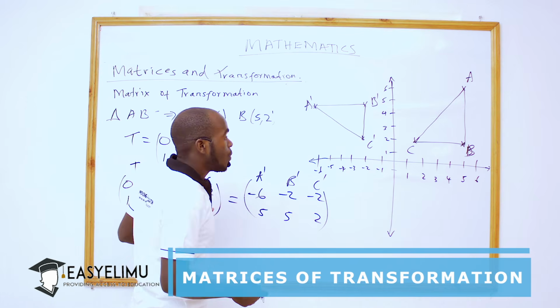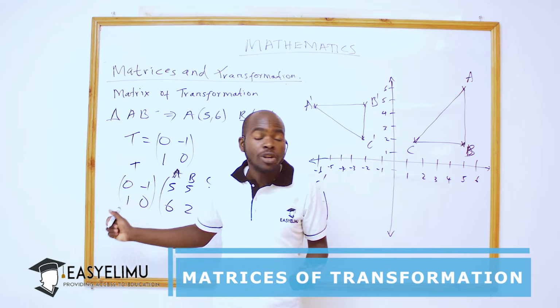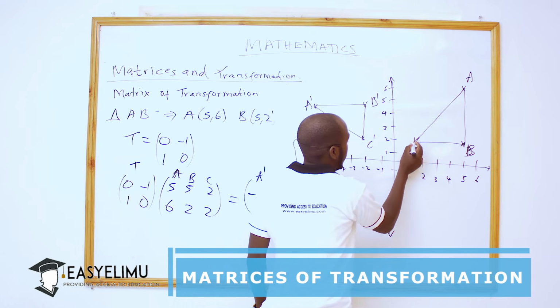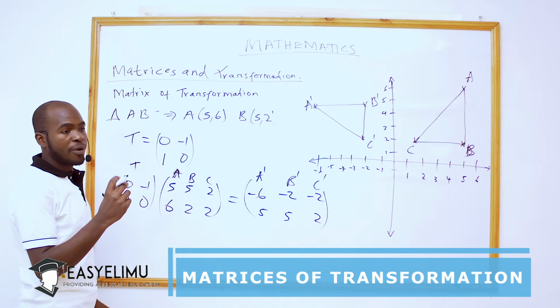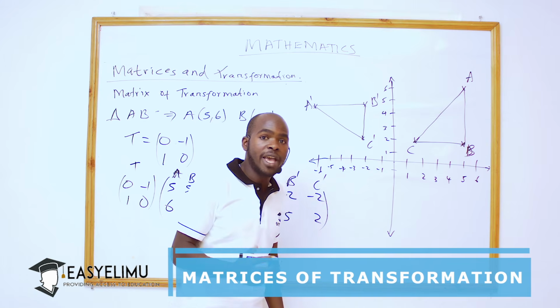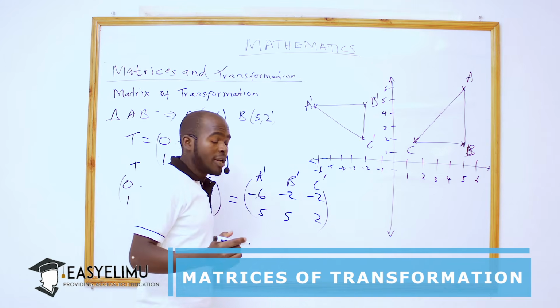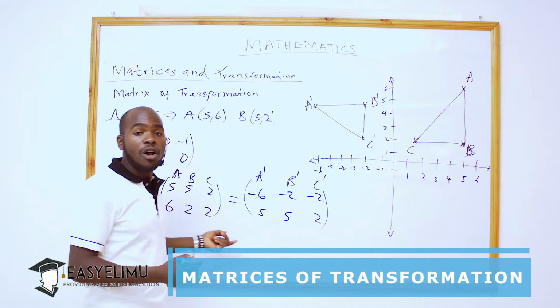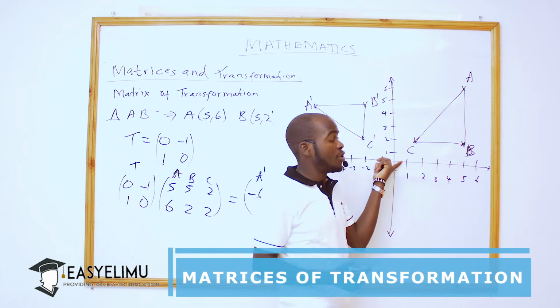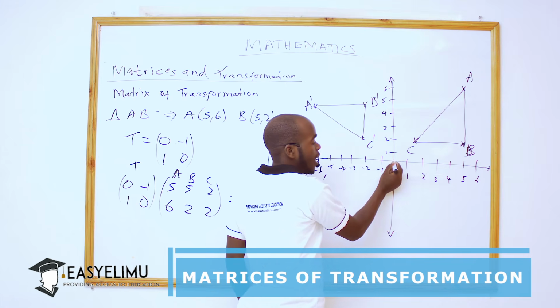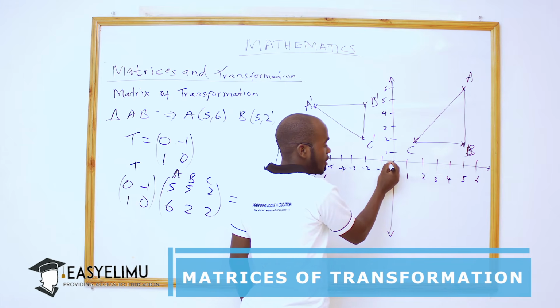So let's see what kind of transformation this is. So any kind of transformation, if you are pre-multiplying by any 2 by 2 matrix, you will find that all of them originate from the origin or pass through the origin. For instance, this is our origin where it is 0, 0.